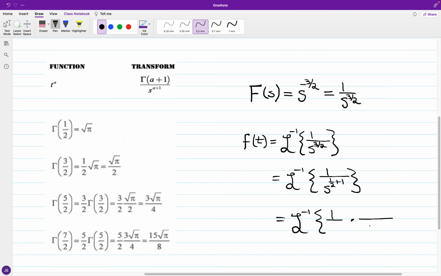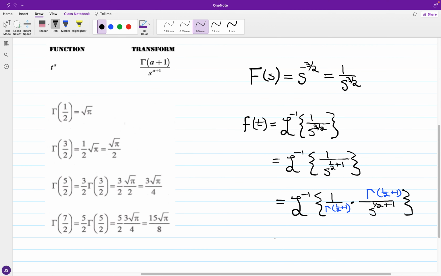Okay, but if I want to smooth things out, over s to the 1/2 plus 1, from the transform we're looking at the gamma of 1/2 plus 1. And guess what? 1 over s to the 1/2 plus 1 would be like 1 over gamma of the quantity 1/2 plus 1, and here we have a multiple.